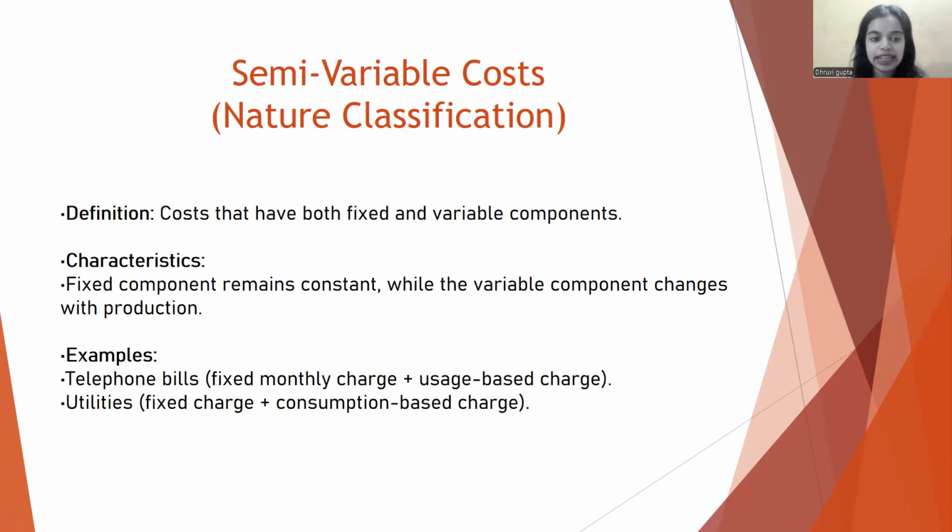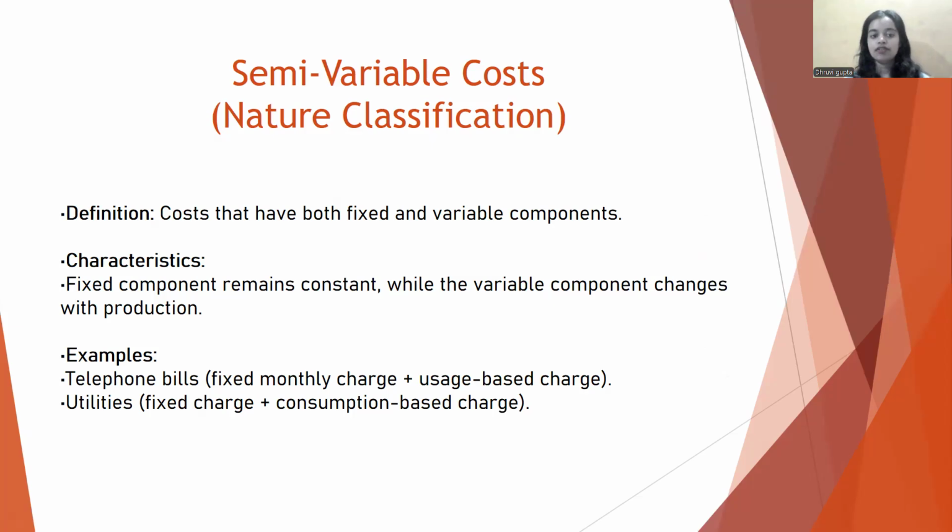For example, telephone bills: a fixed monthly charge plus a usage-based charge. Telephone companies keep a minimum charge that is fixed even if you don't attend a call or call any other person. That cost is fixed. And if you call 10 persons, the cost adds accordingly. So these are called semi-variable.